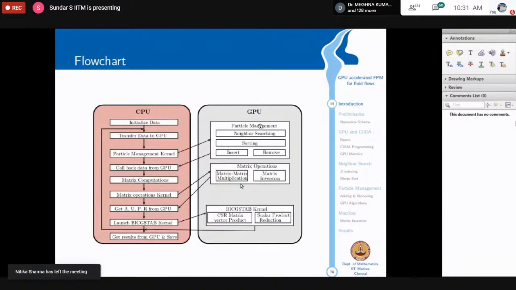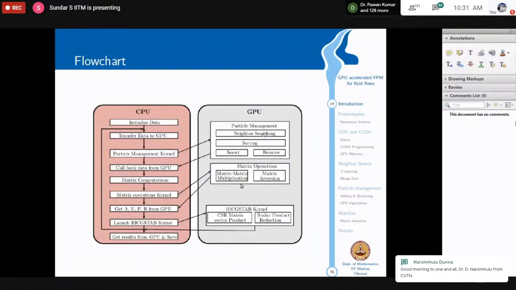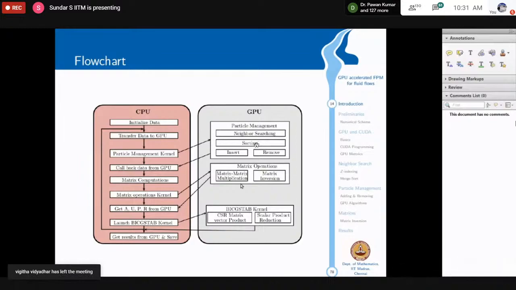We need to do a lot of particle management. Under particle management, the most time-consuming parts are neighborhood searching and sorting. Then we need to insert particles and remove particles. So this is the particle management kernel, which goes to the GPU.